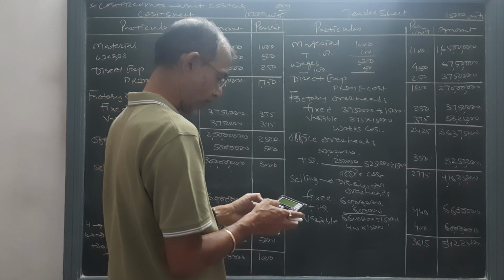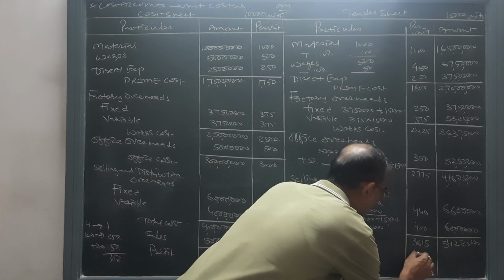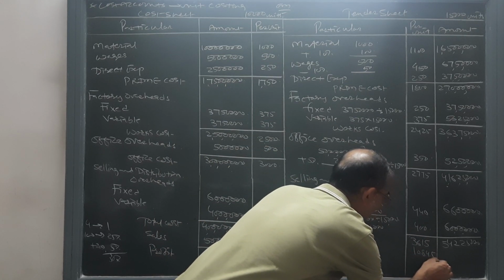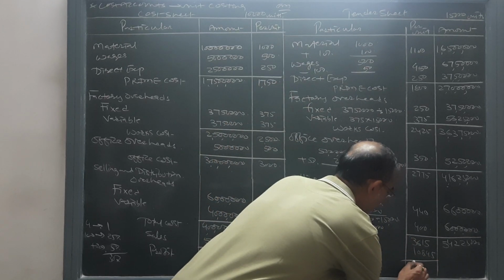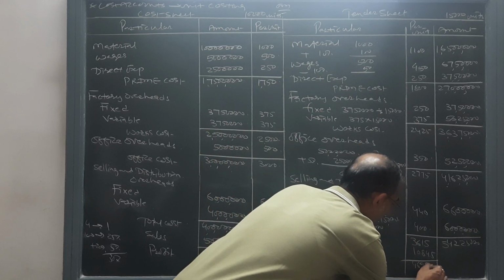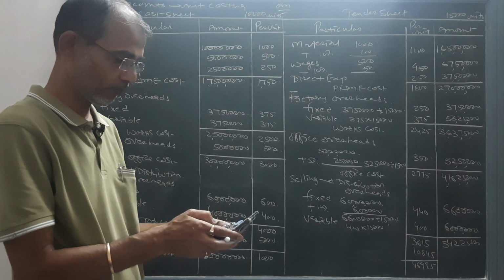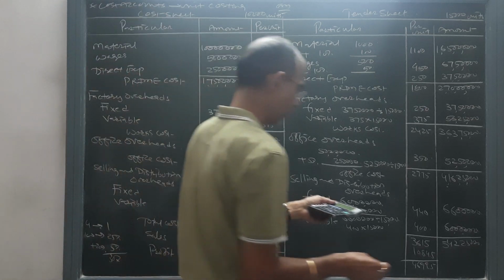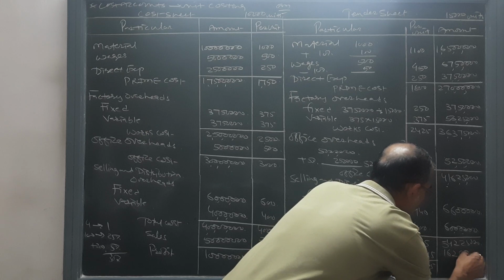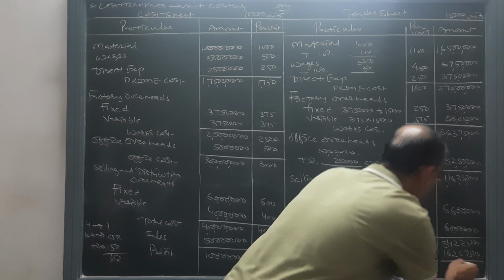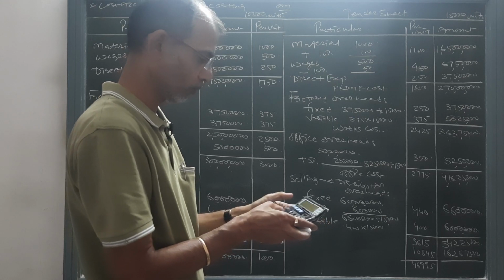So 3615 into 30%, that is 1084.5. So sales is to be kept 4699.5. 1084.5 into 15,000, so profit will be 1 crore 62 lakh 67,500 plus 5 crore 42 lakh 25,000.